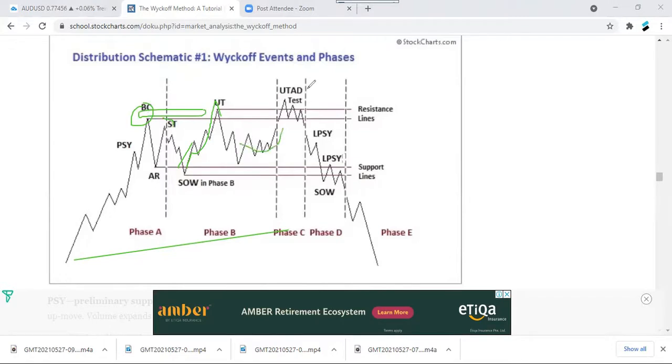Then we have a final upthrust we call U-tail. This U-tail is actually to stop hunt every stop loss behind the low, and then we start to see the price go down. And this is a trading range, right? I think I talked about this briefly before. So if you remember this upthrust followed by U-tail, now let's go back to our chart.